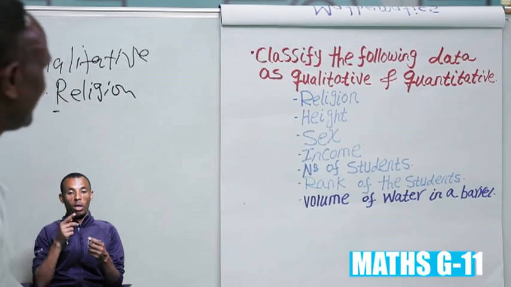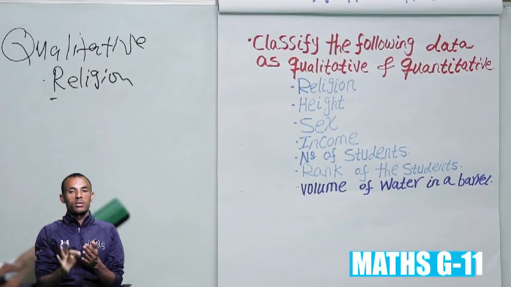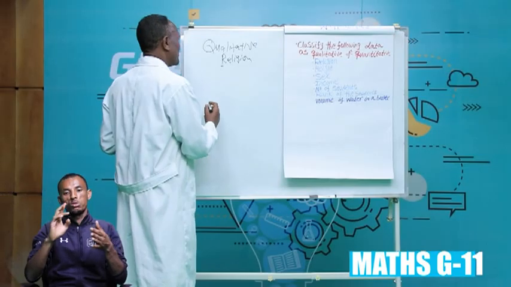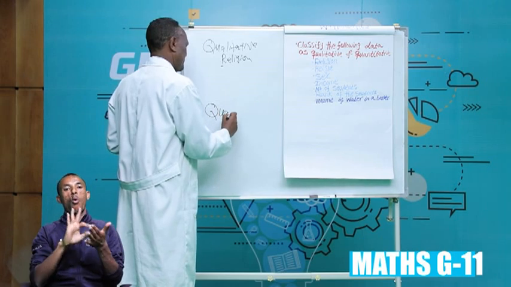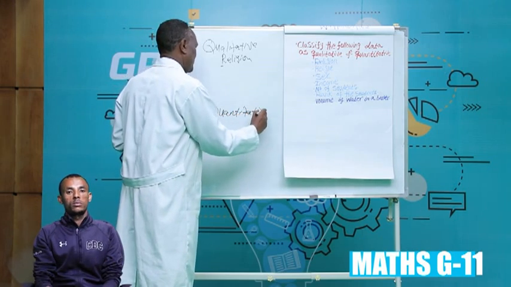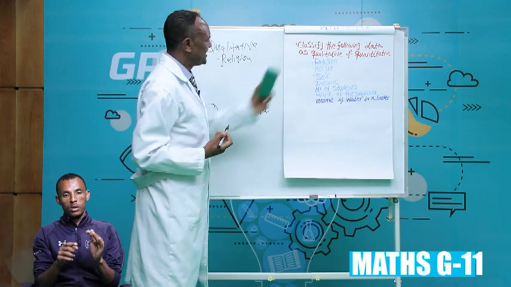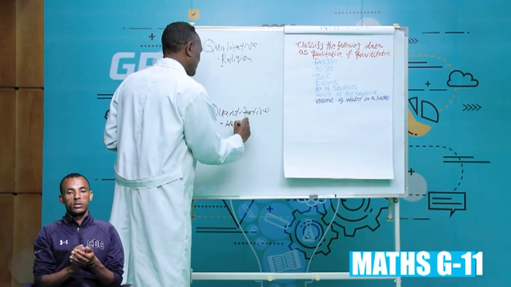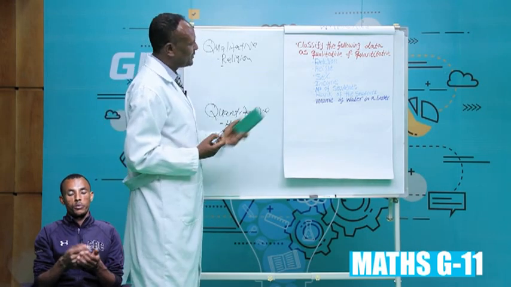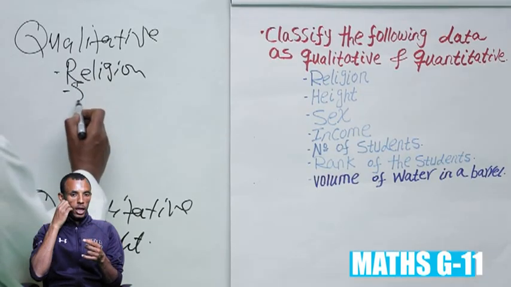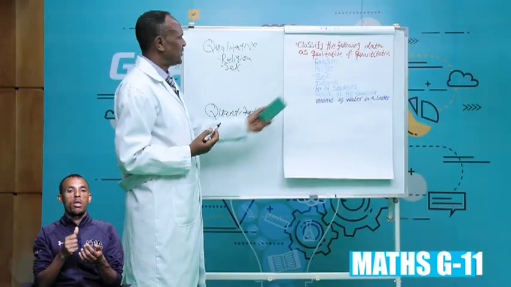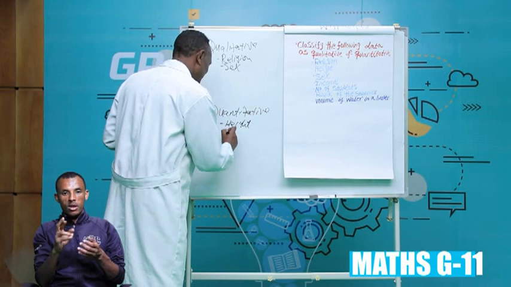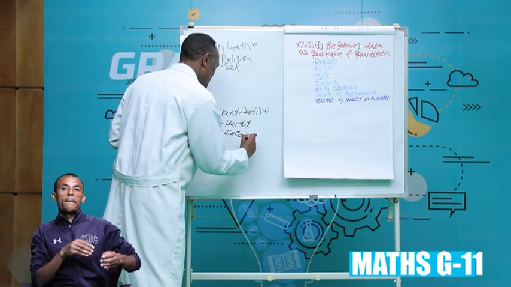Height is a number given in meters or centimeters, so it is quantitative data. Sex, male or female, is qualitative. Income, the amount of bills that you have, or dollars, is also quantitative data.